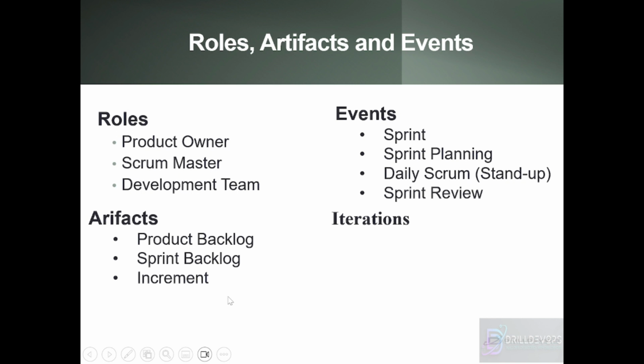Now the sprint backlog. The sprint backlog is the set of items selected from the product backlog to be completed during the sprint, along with a plan for delivering them by the end of the sprint. So this is directly related to sprint planning.